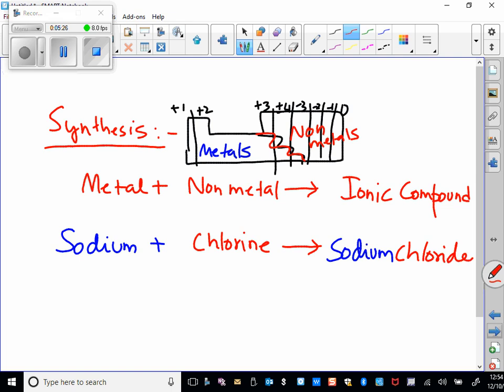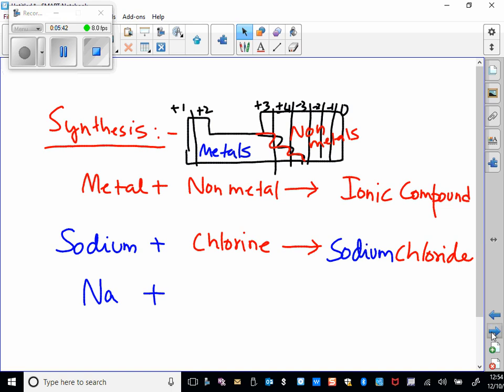Now, suppose we have to write a reaction for this. What is the symbol for sodium? Na. Plus, how will I write chlorine? Well, it's not Cl, it is Cl2. Why is it Cl2? It's a diatomic. Which are the 7 elements that are diatomic?